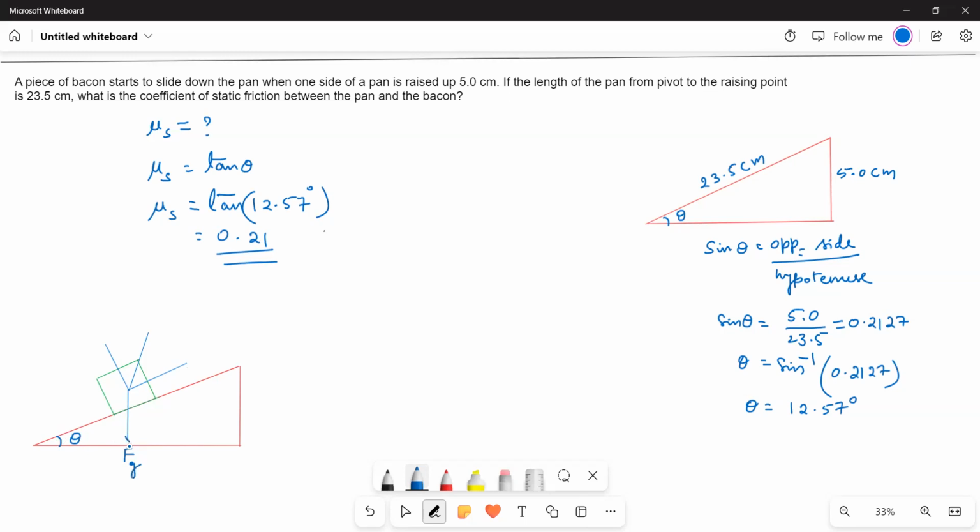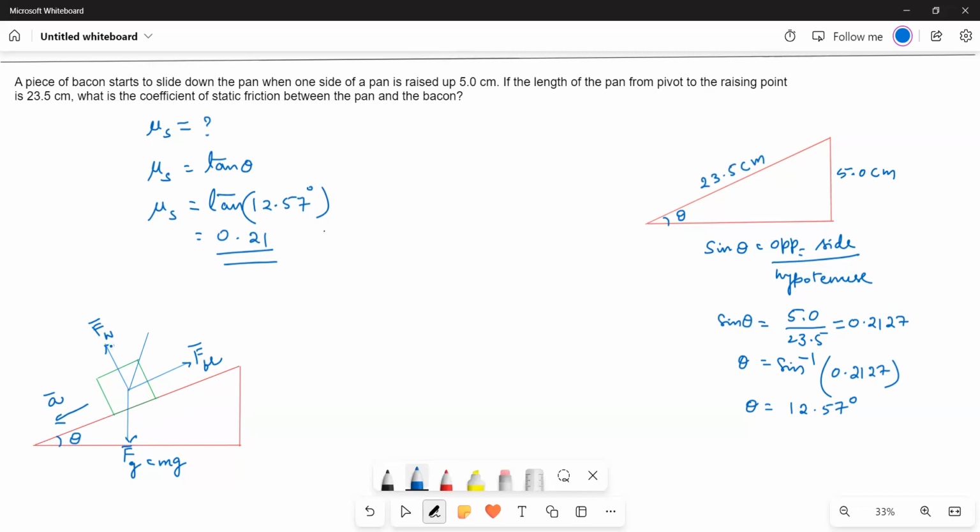This is Fg, which is nothing but mg. Here is the normal force, Fn. And here is the frictional force, F friction, because the object is sliding down. This is the direction of motion of the object, so the friction will be in the opposite direction.